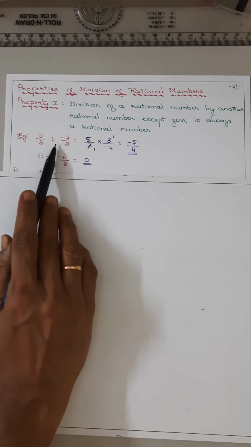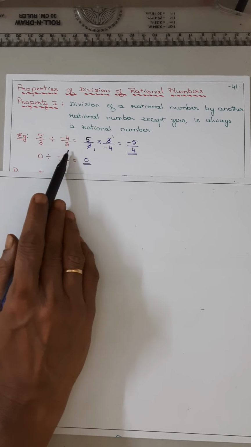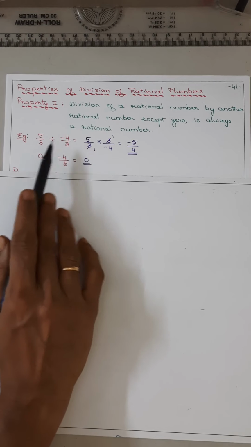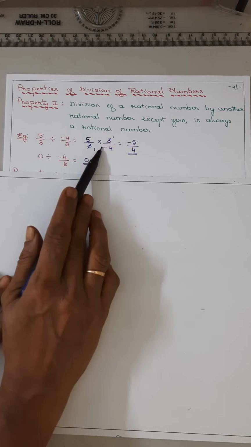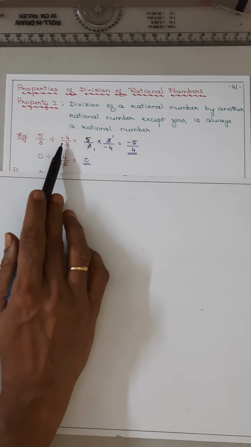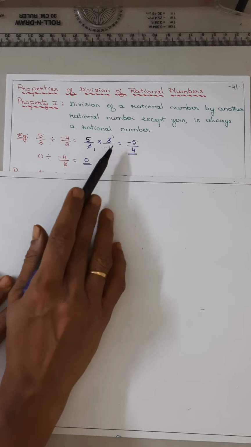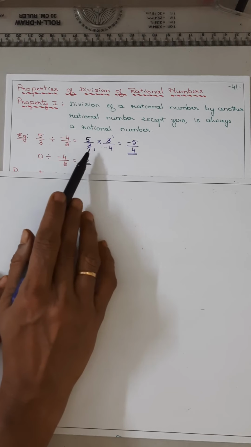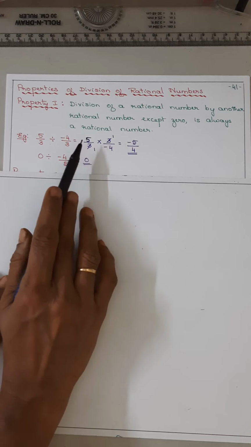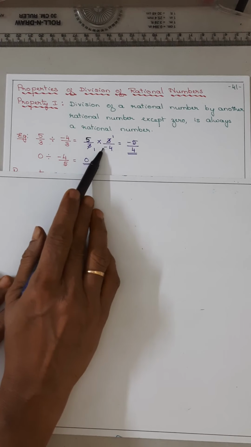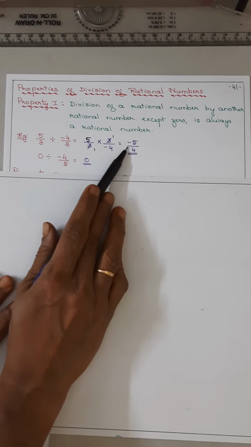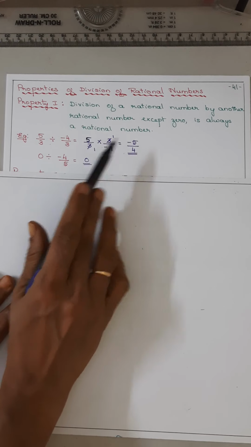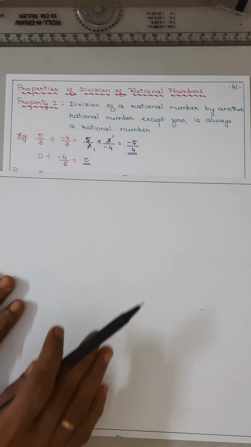Example: 5 by 3 divided by minus 4 by 3. 5 by 3 as it is. Division sign changes to multiplication sign. Minus 4 by 3 becomes 3 by minus 4. Now cancellation: 3 ones are 3, 3 ones are 3. Here it is plus, here it is minus, so it will be minus. 5 ones are 5, 1 fours are 4.